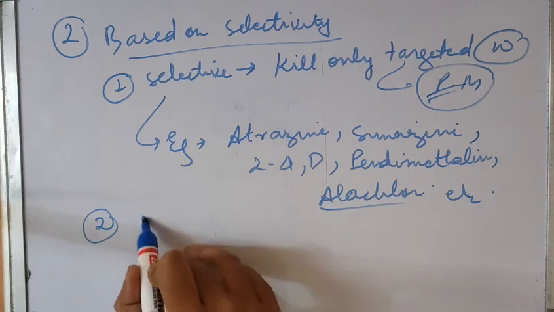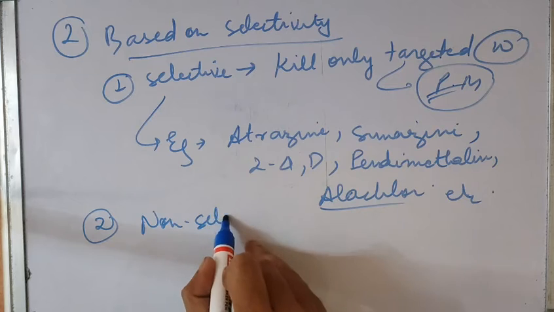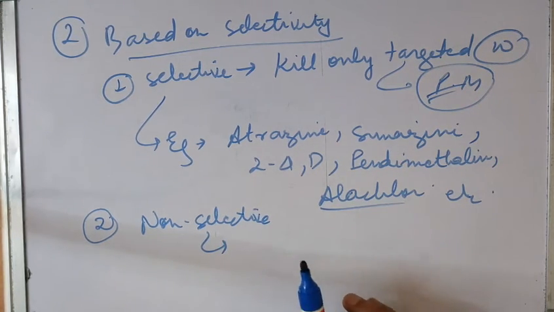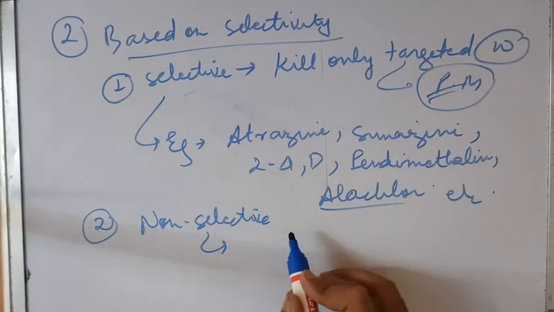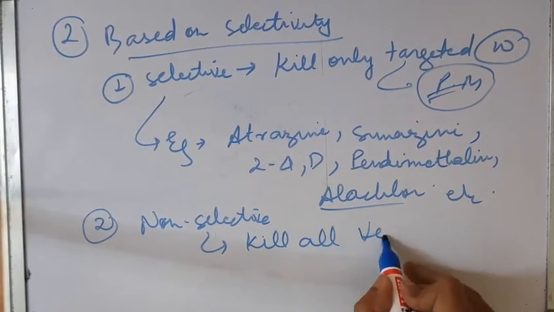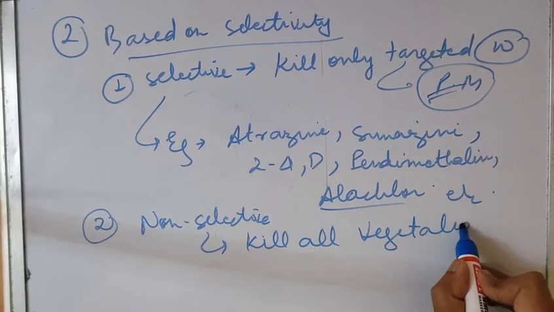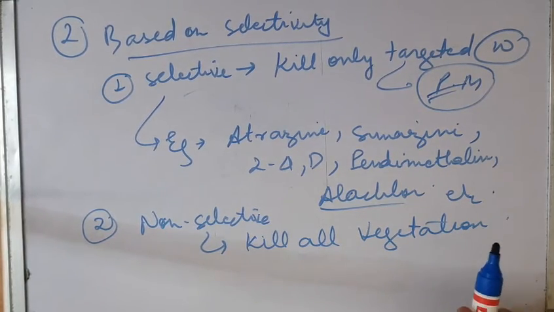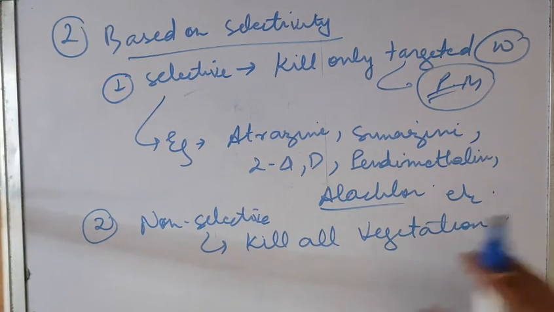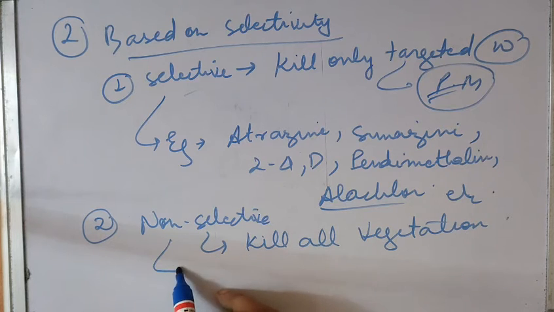Now moving on to non-selective. Instead of killing targeted weeds, as in selective, non-selective herbicides kill all vegetation. Suppose in a field there are 5 types of weeds and 2 types of other vegetation, other crops. When you apply these non-selective herbicides, they will kill all the vegetation present in the field.